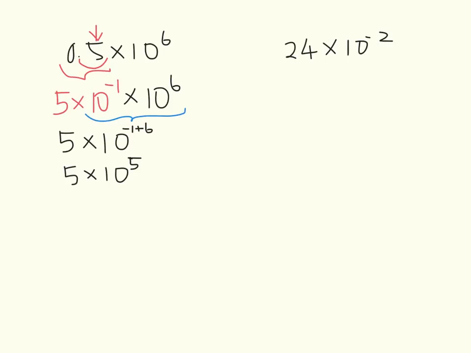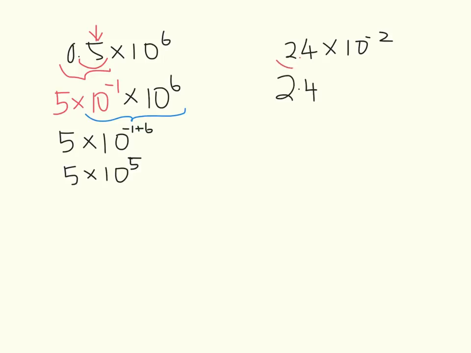Now we're going to look at the second example, 24 times 10 to the power of -2. We know that 24 is not in the form that we want. The first non-zero leading digit will be 2, so it's 2.4.